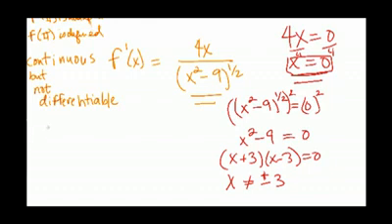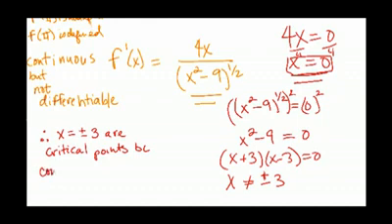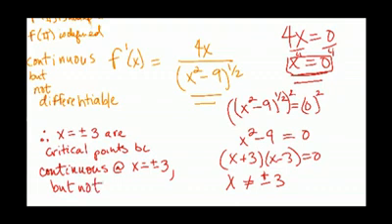So that means therefore you could say x equals plus or minus 3 are critical points because they were continuous at x equals 3 and negative 3, but not differentiable. And you would need a little explanation like that.